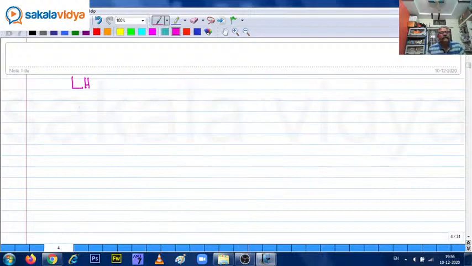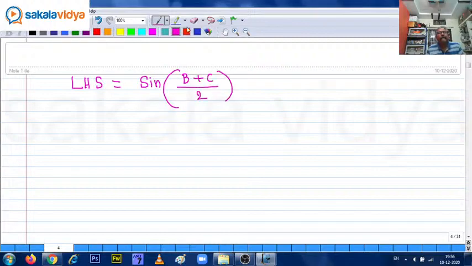So left hand side, sine of (B plus C) by 2. We have B plus C by 2 equals 90 degrees minus A by 2. So instead of B plus C by 2, we replace 90 degrees minus A by 2. So this is sine of 90 degrees minus A by 2.